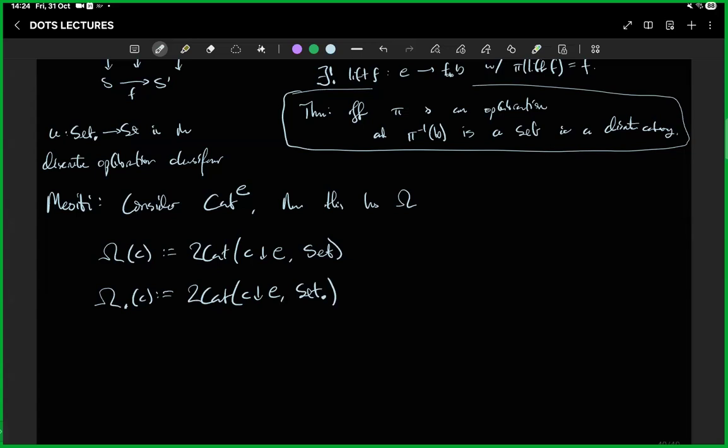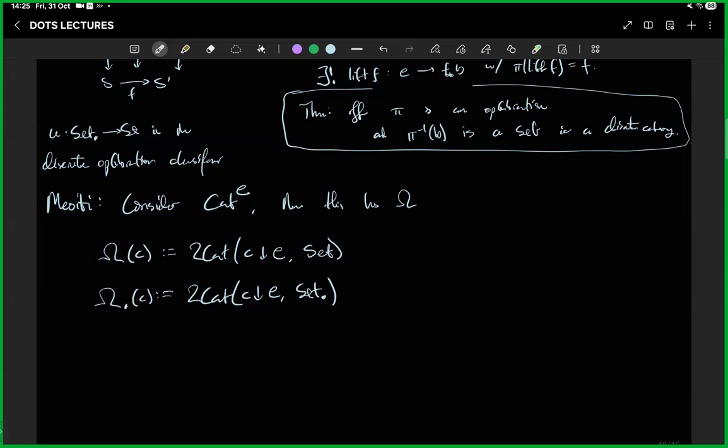I will tell you that if you think of propositions as sets containing at most one element, in other words, you replace bool, which we call the set of yes, no, with the set of subsets of a one element set, which correspond to yes or no, which is to say the empty set or the one element set, the power set of a one element set, then you get the fact that pointed propositions are yes. Yes is the only pointed proposition for a one element set. So this is a very direct categorification of the subobject classifier in this sense.